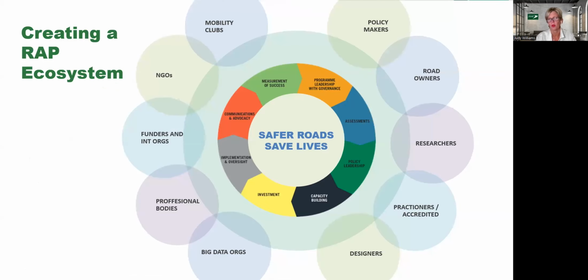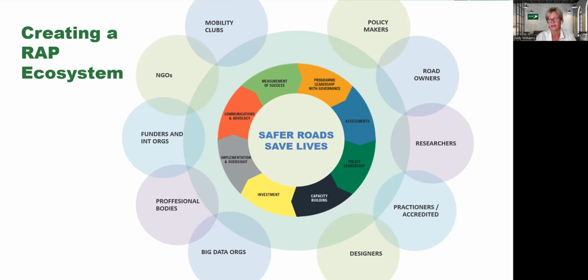The last and very important point about what makes a RAP effective and impactful is a collaborative and engaged RAP ecosystem. No one organization or person can make all of these things happen. It really does require an ecosystem of partners that bring together their own expertise and capabilities, but working together for the common cause.